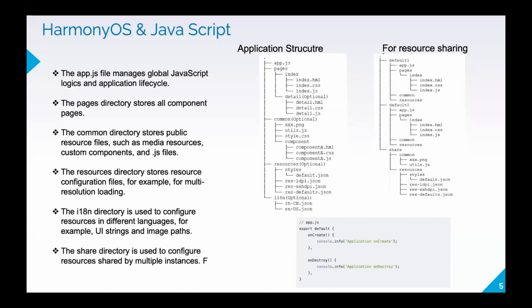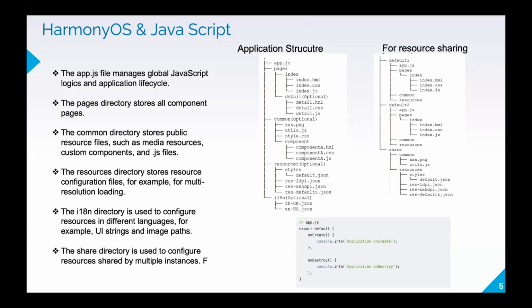If you check the Harmony OS application development structure, here it shows how the application files and resources are managed. The app.js file manages the global JavaScript logic and application lifecycle. It means this is the entry file for the Harmony OS JavaScript application.